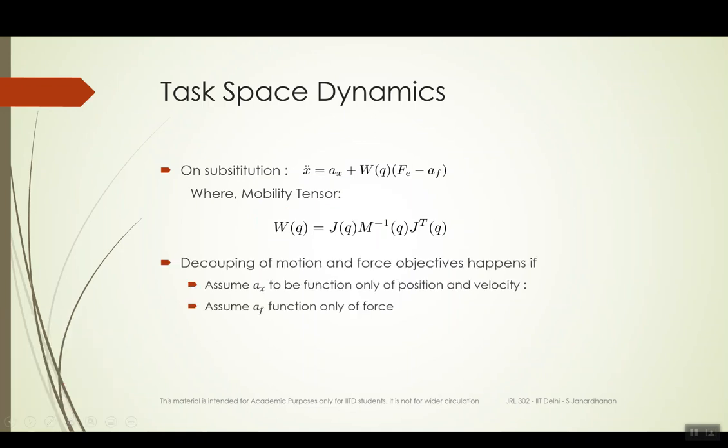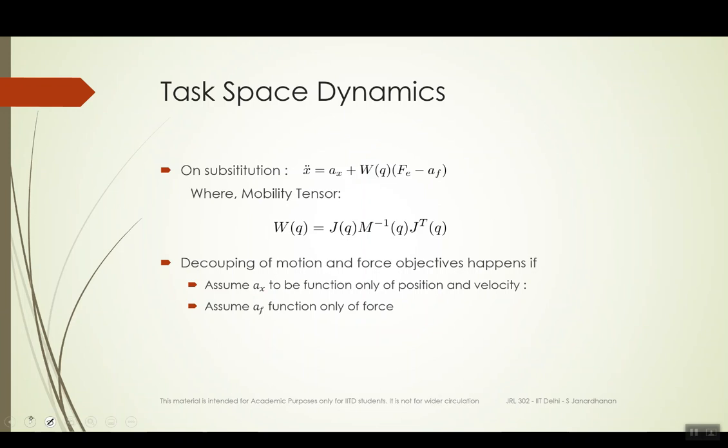If we are able to assure that AX, the desired task space acceleration, is a function only of position and velocity, and the desired force AF is a function only of forces, not a function of either the task space coordinates or the joint space coordinates, then you can decouple these two terms.